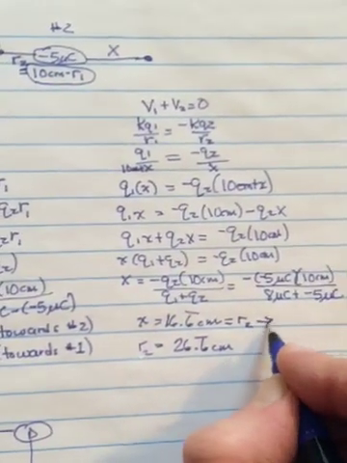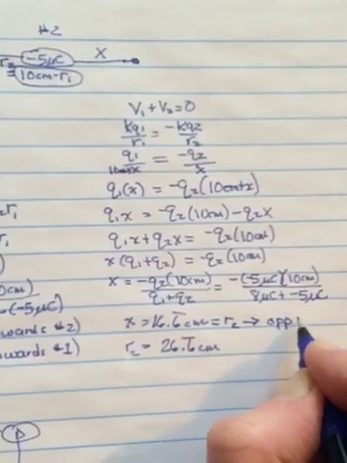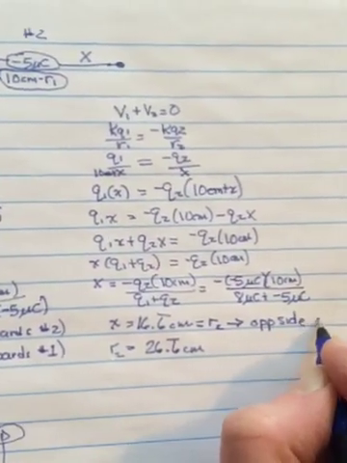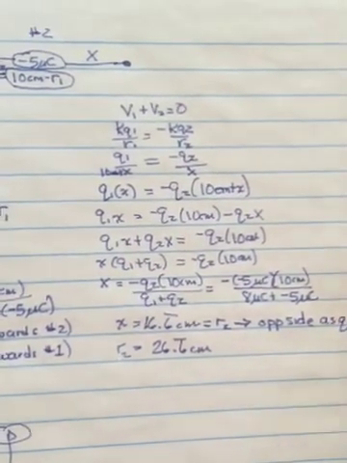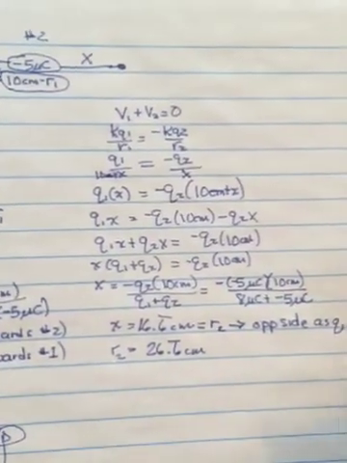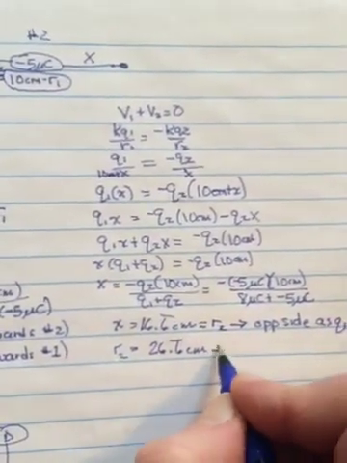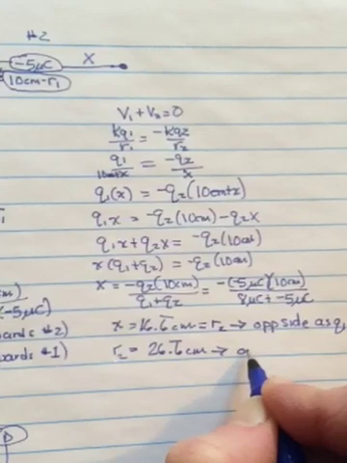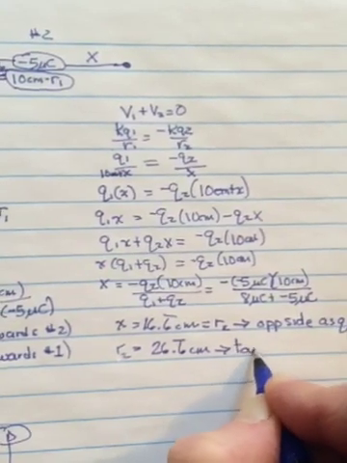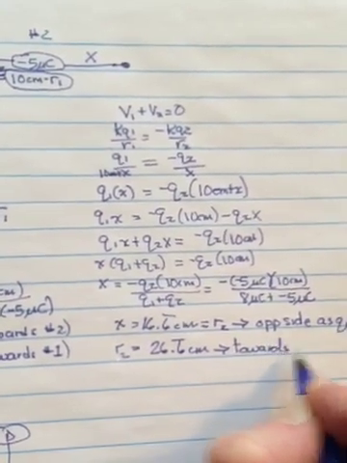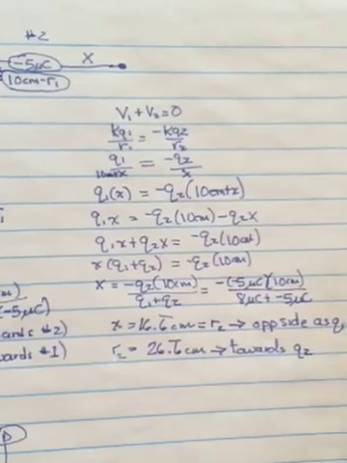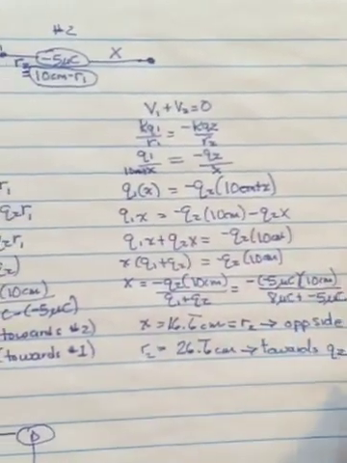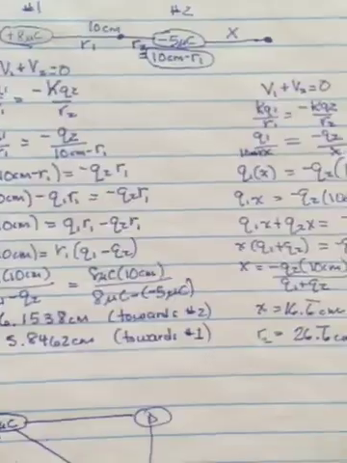This one is opposite side as Q1. So it's on the other side of Q2, not on the Q1 side. And this is towards Q2, because it's on that side. Just beyond, it'll end up being beyond. Okay, so that's how you find your 2 points.